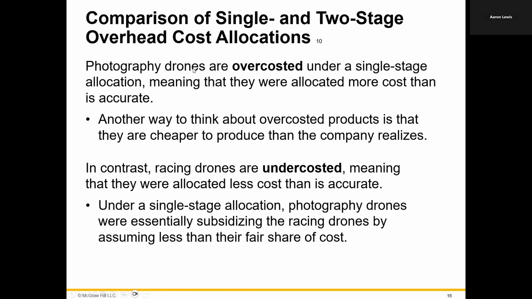So for our example over here, under the single-stage system, the photography drones were being assigned much more overhead than they were in the multi-stage or two-stage system. That single-stage system would have made them overcosted. Inversely, the racing drones would not have had enough overhead in them, making them undercosted.